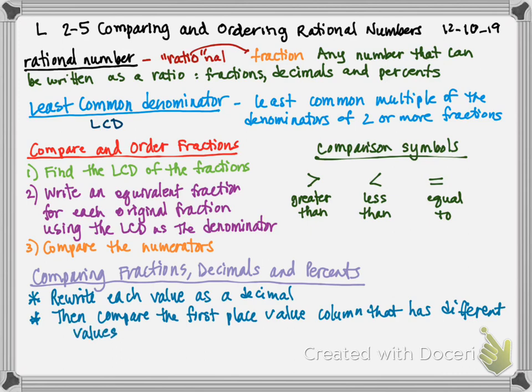So you're going to start with the largest place value column, and then you're going to go, if they're the same, go to the next one to the right, so it's one smaller. If they're the same, you keep going until you finally see a difference, and then that's how you're going to compare the two. So that's what I would recommend when you have a mixture.